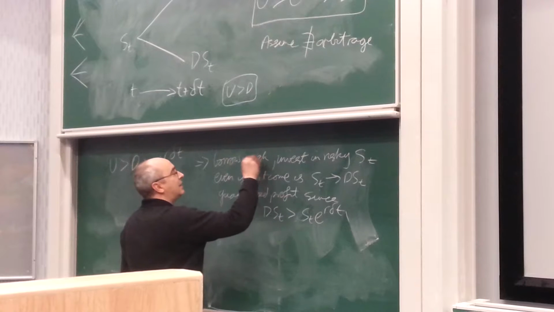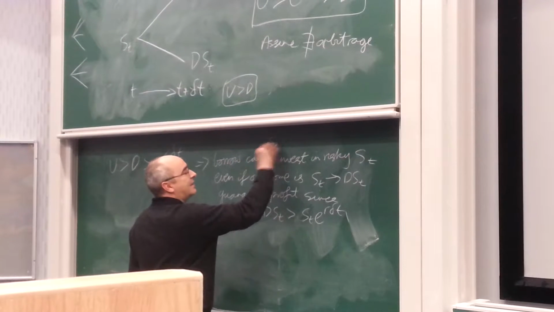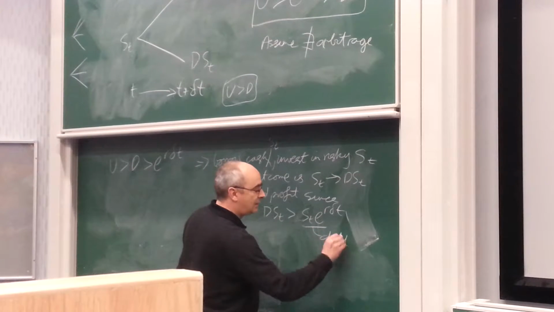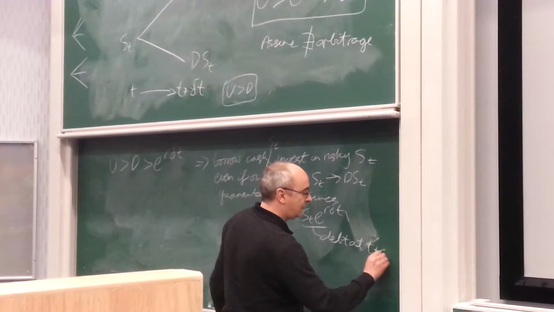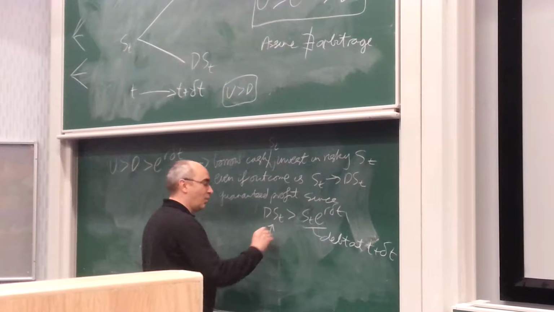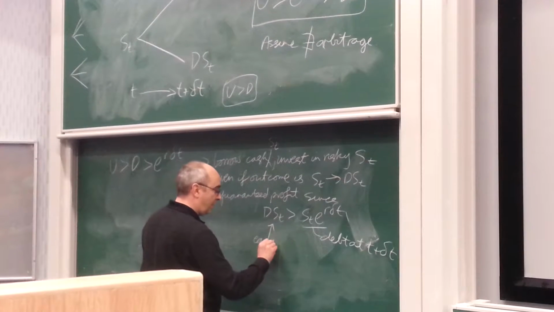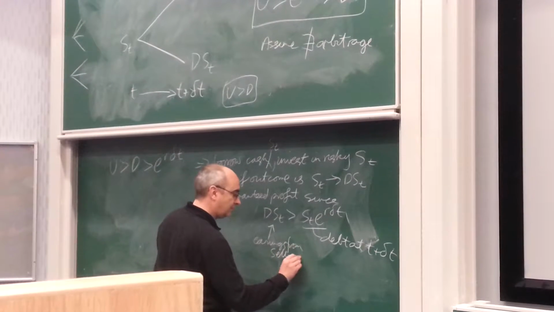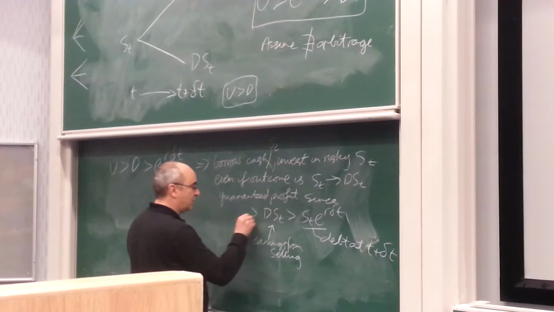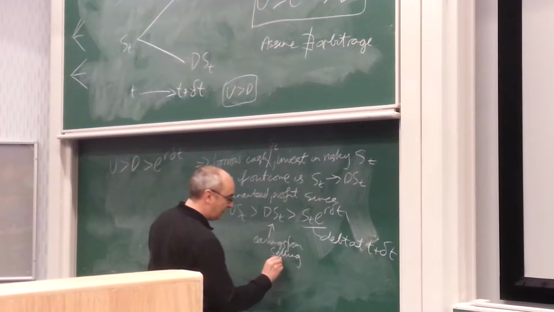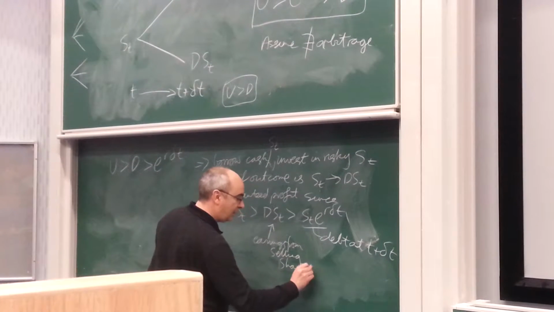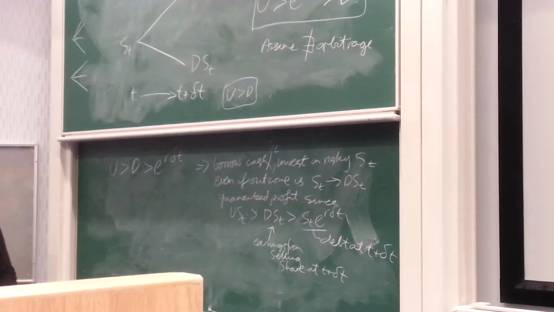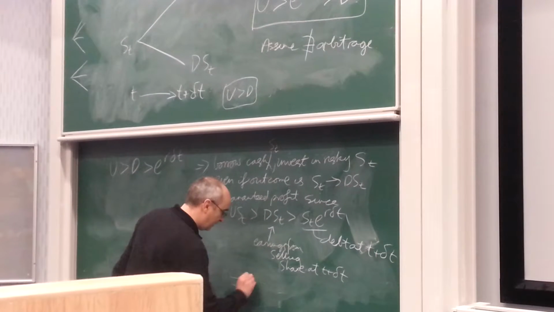So borrow cash ST, and the debt that you've got to pay back is going to be less than what you can earn. And of course you've got UST there as well. So the first case is that there's an arbitrage here.